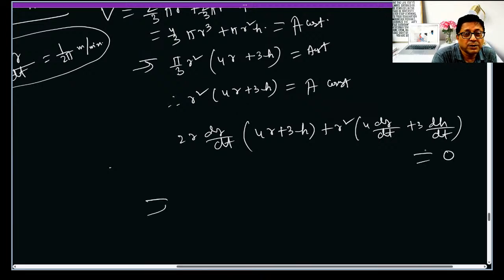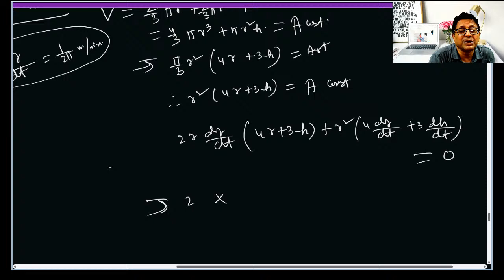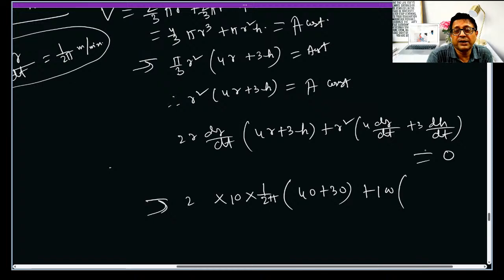Now everything known, put it there. 2r into dr by dt, r is given what? 10, put it 10. 10, 1 by 2 pi, 40, 30, 100, 4 by 2 pi. Find dh by dt from here.